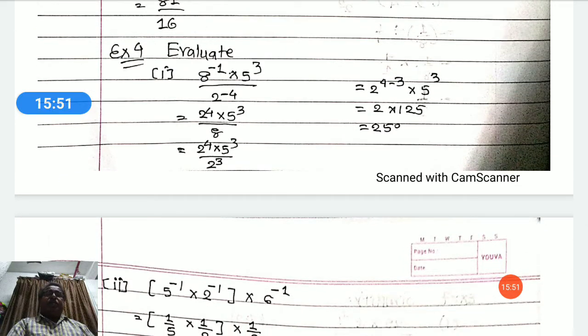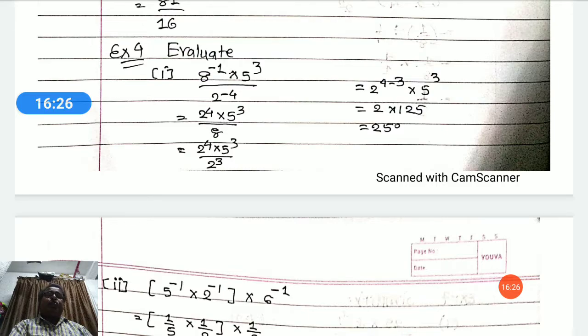Now example number 4, evaluate. First example, 8 raised to minus 1 multiplied by 5 raised to 3 divided by 2 raised to minus 4, is equal to 2 raised to 4 multiplied by 5 raised to 3 divided by 8 raised to 1. न्यूमरेटर डिनोमिनेटर चेंज किया, एक्सपोनेंट चेंज हुआ, is equal to 2 raised to 4 multiplied by 5 raised to 3 divided by 2 raised to 3, is equal to 2 raised to 4 minus 3 multiplied by 5 raised to 3.